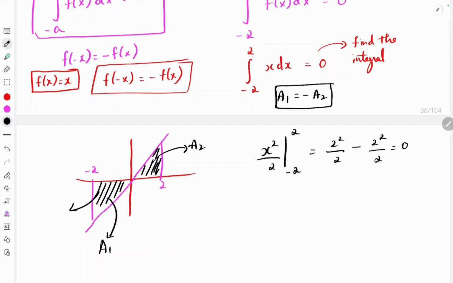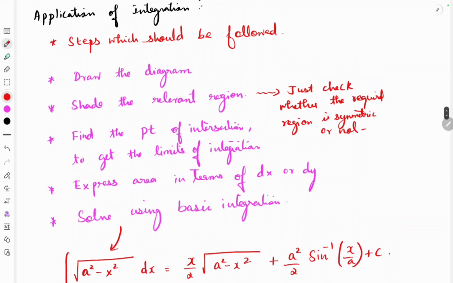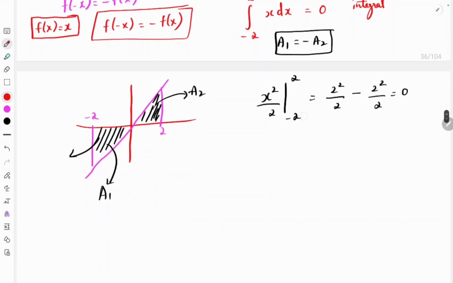But here in area, what we have to do is, the third step, find the point of intersection or the point where it crosses the x-axis. That point also we have to find. Suppose we have an area like this to find.